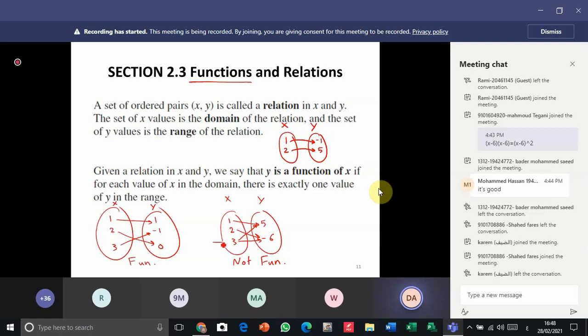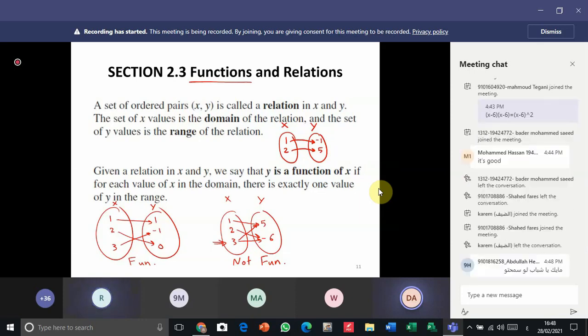Not a function. Why? Look at this, item 3 connects with two numbers or values in y. So this is not a function. Okay. Another case: if we have x and y, we have 1, 2, 3.